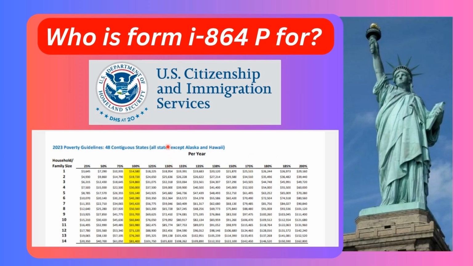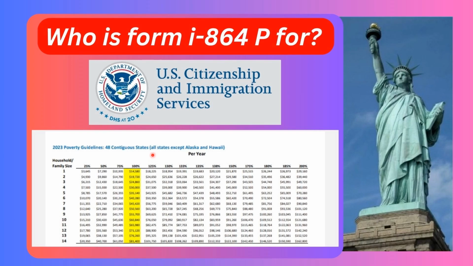So there's household size, there's 125%, and there is the income. So those are the three main things that you have to take into account when assessing whether you meet the requirement for financial responsibility.